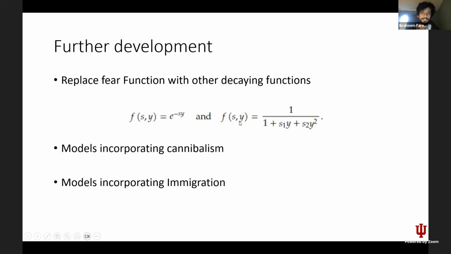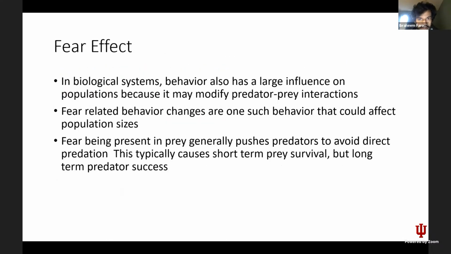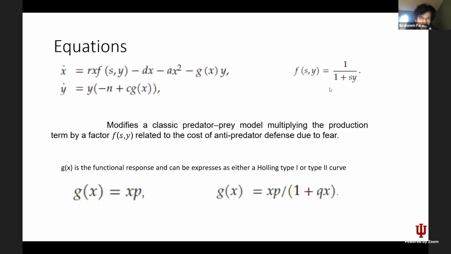Also, the additions to the Lotka-Volterra model are often additional terms, like this dx term and this ax squared term, which were added for the Allee effects. Sometimes you can overlap or incorporate multiple of these, so in this instance they're including the Allee effect and the fear effect.